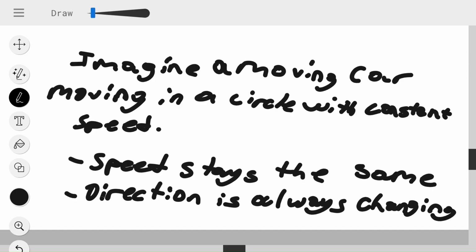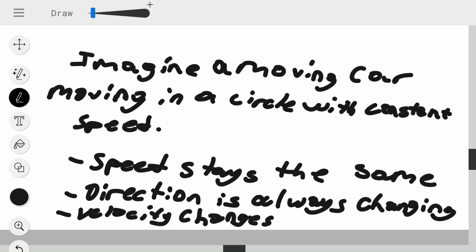The speed stays the same, but direction is always changing. That also means the velocity is changing. So even though the car is not speeding up or slowing down, its velocity is changing.